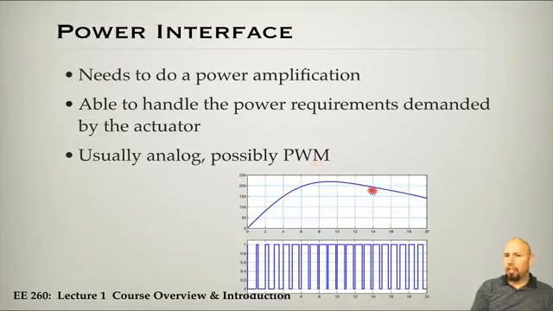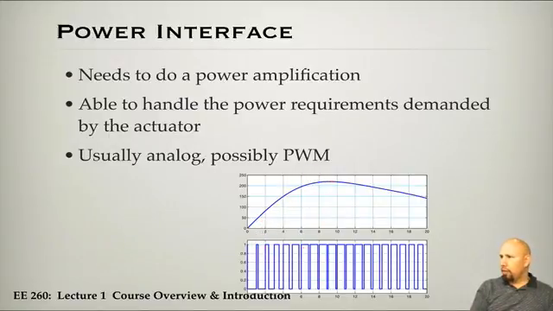So here's an example signal that we might want in analog, and here is a pulse width modulated version of that signal. Basically, the pulse width modulation puts out pulses at a certain period. Every so many seconds, a new pulse. The width of the pulse is determined by the magnitude of the signal we want out. So notice for low values, the pulse width is very small.